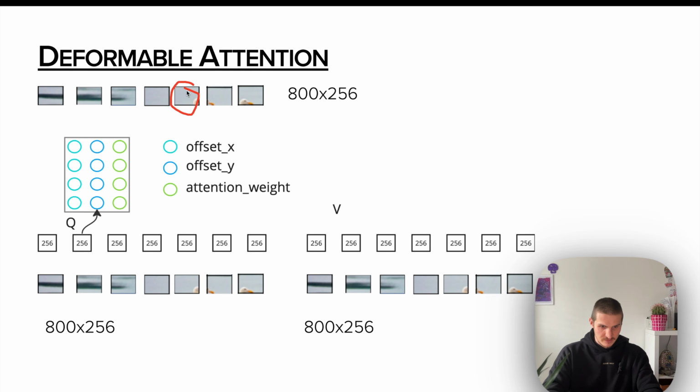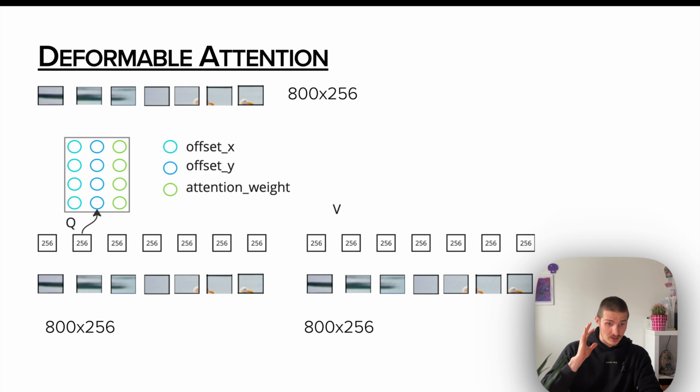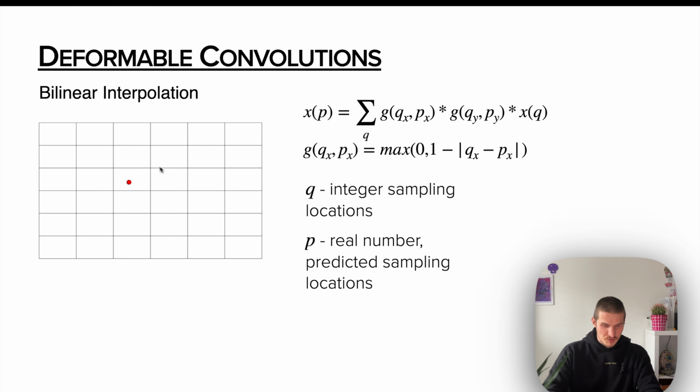So for this point here, for example, we already know that we should attend to this element, and then basically take these embeddings, take the attention weights that we also have, and then just compute the weighted average. However, sampling locations are fractional, which means that the actual sampling location, the real number that might have a fractional part, might not land precisely on the pixel.